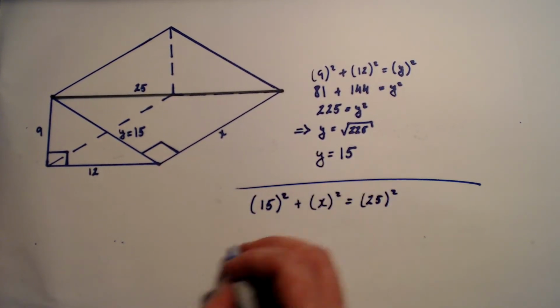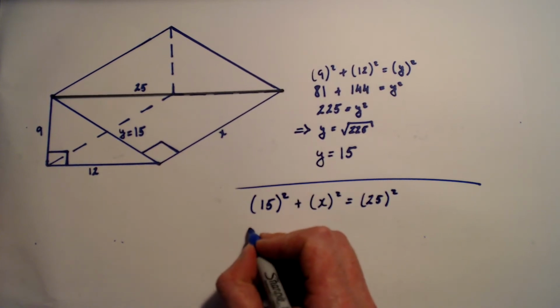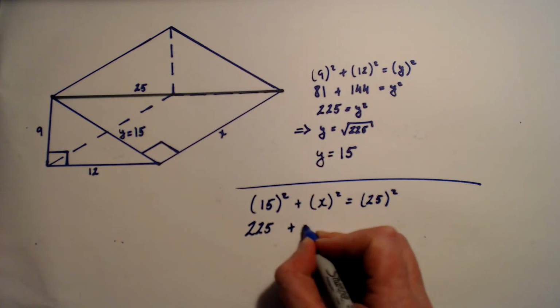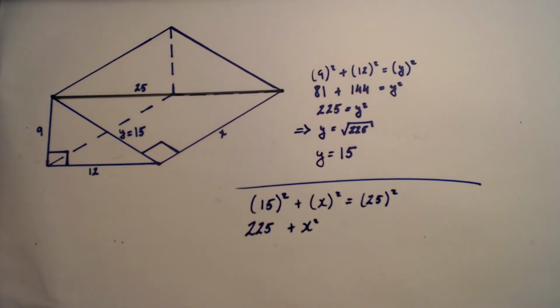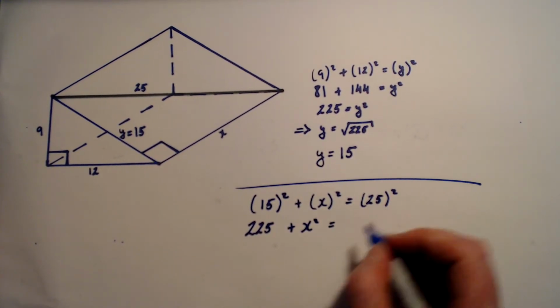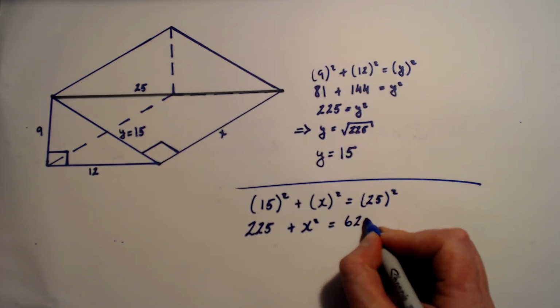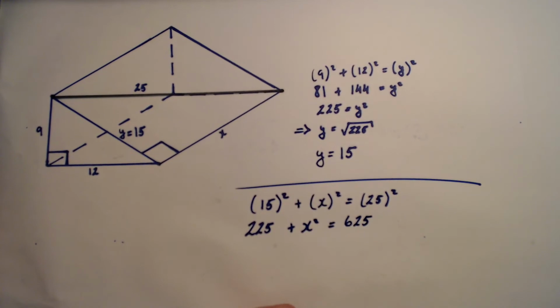15 squared, well, we know that's 225, we just had it. So that's 225 plus x squared is equal to 25 squared. 25 squared happens to be 625. Look that up in your calculator. And so now I can solve for x squared at least.